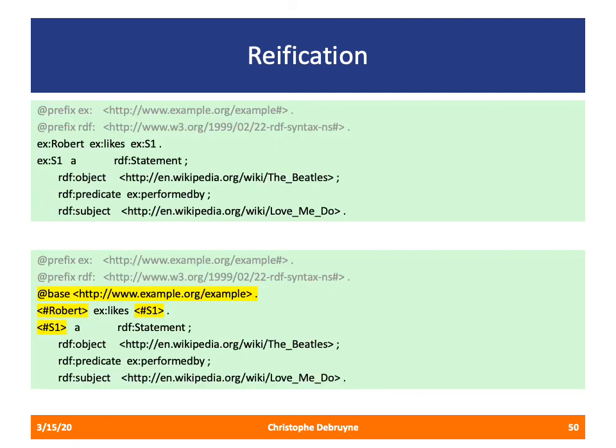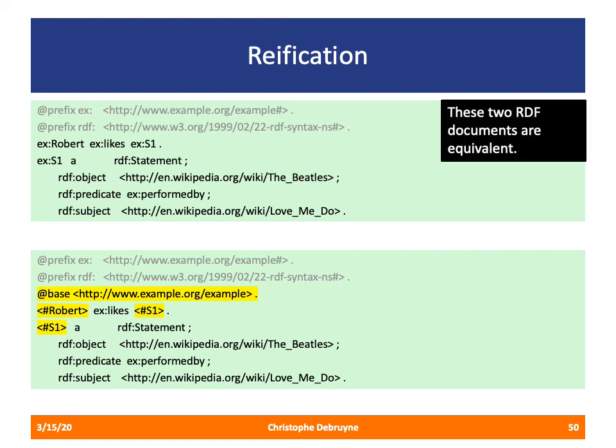So here we have the same example. These two examples of RDF Turtle are equivalent, but in the one I don't avail of the base directive, and in the second one below I do avail of the base directive.